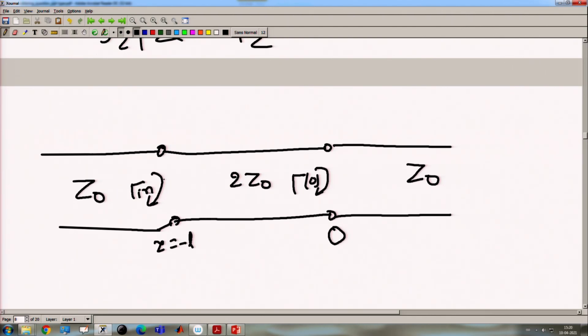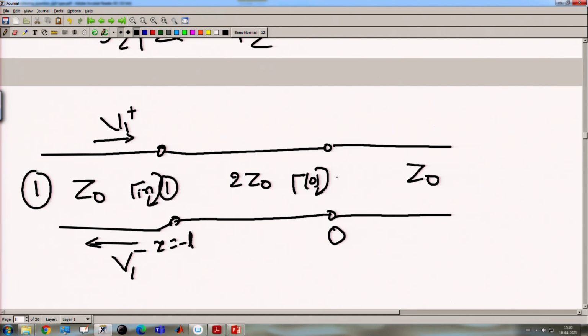So, V1 plus and V1 minus, reflected from port 1. This side is port 1, and here it is port 2, V2 plus, and we are terminating with Z naught.